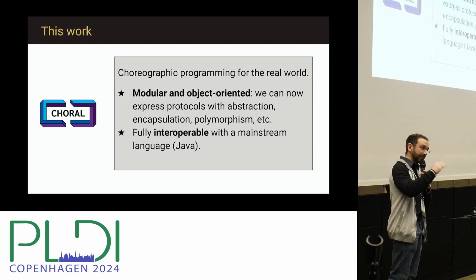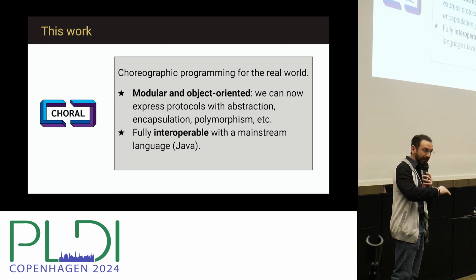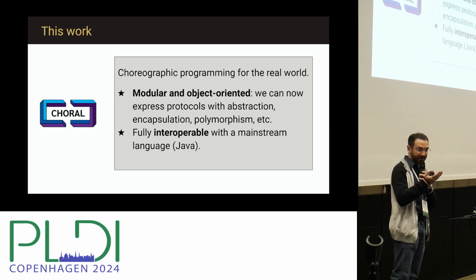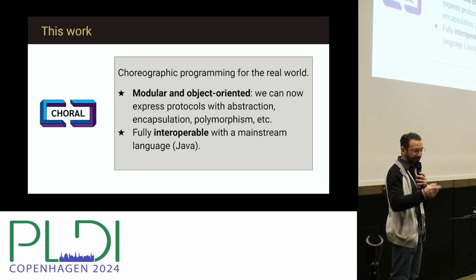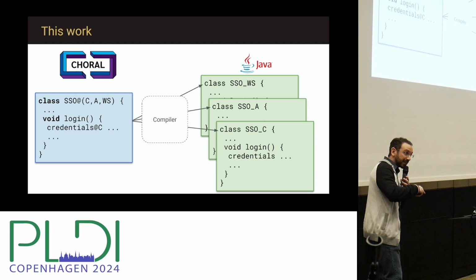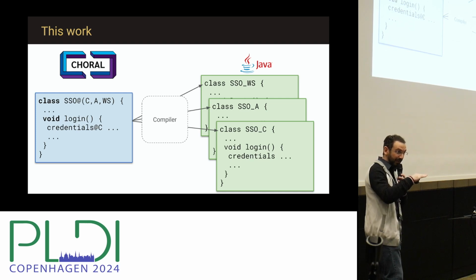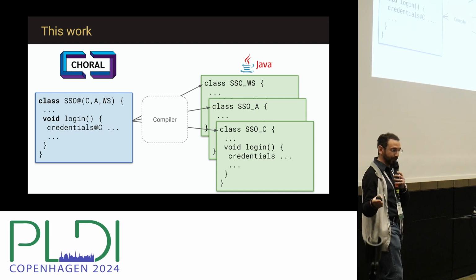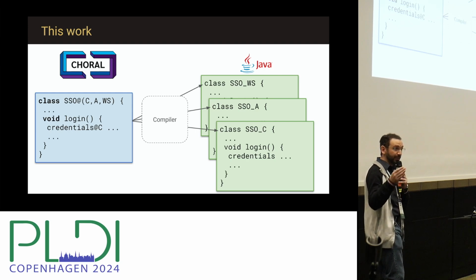You can import Java libraries in Choral and bring them up to the choreographic level, but you can also have, and this is the next slide, classes at the choreographic level that you can compile down to Java classes and use in your local code.